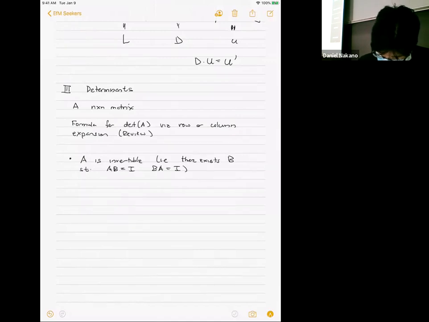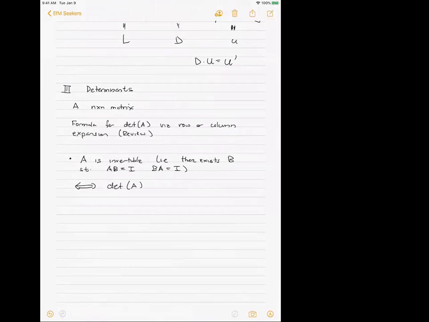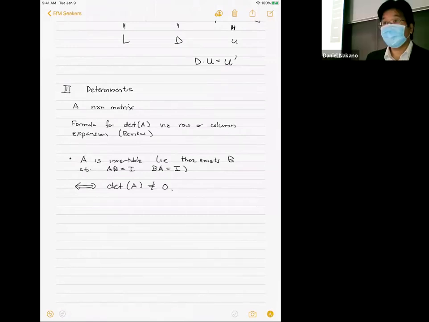And this happens if and only if, what's true about the determinant? It's not 0. Okay, so the determinant gives you a nice way to check whether a matrix is invertible or not. Just compute the determinant. If it's non-zero, it's invertible. If it's equal to 0, it's not invertible.